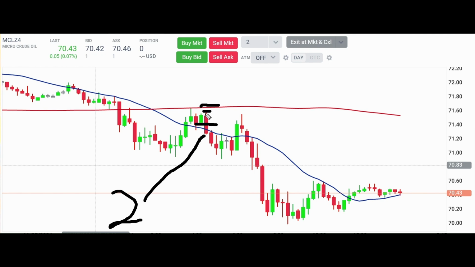Then, what I would have done is I would have waited. It does retrace. Yes, it does retrace, but does it go past our stop here? No, it does not. And the moment that this bar, this green bar, gets eliminated by this red bar right there, I'm in for another one.